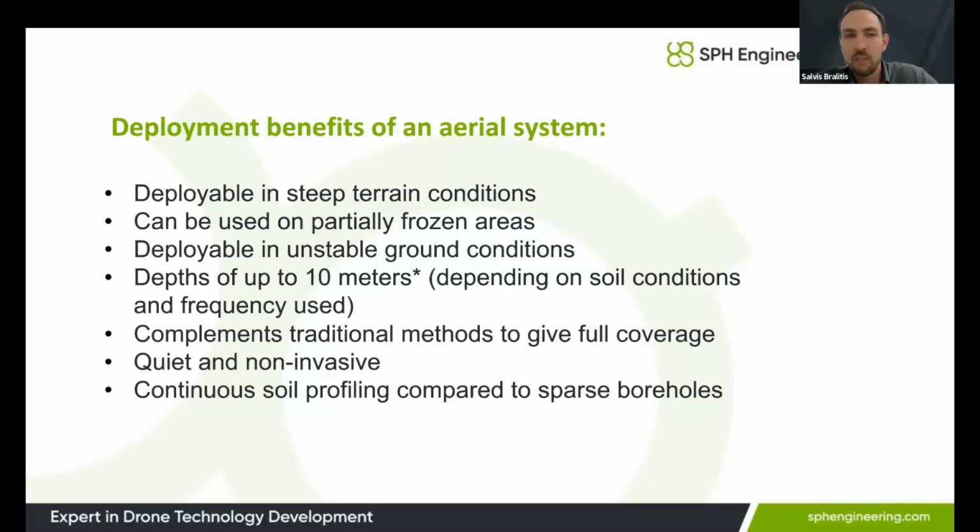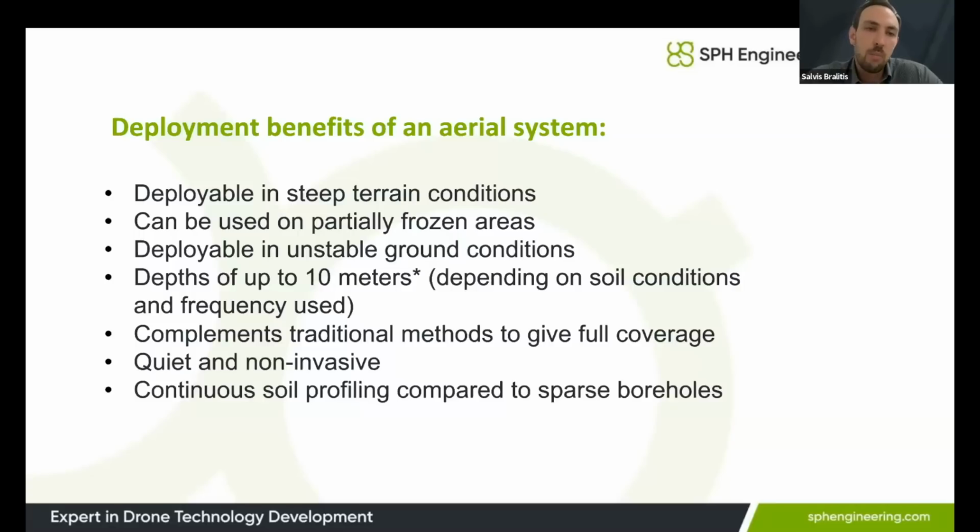Yeah, so briefly recapping the deployment benefits of this aerial system. Steep terrain is not a problem. It can be used on partially frozen areas, say swampy locations which, when partially frozen, wouldn't be practical with a push cart or a vehicle. It's deployable on unstable ground conditions, simply the peat or any other type of soil that's very hard to navigate by foot. A drone would cover that with ease.